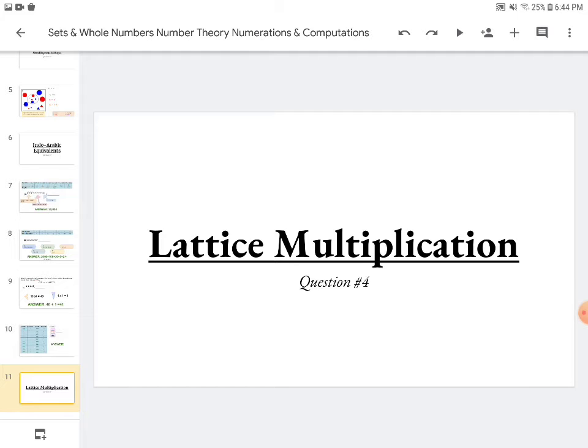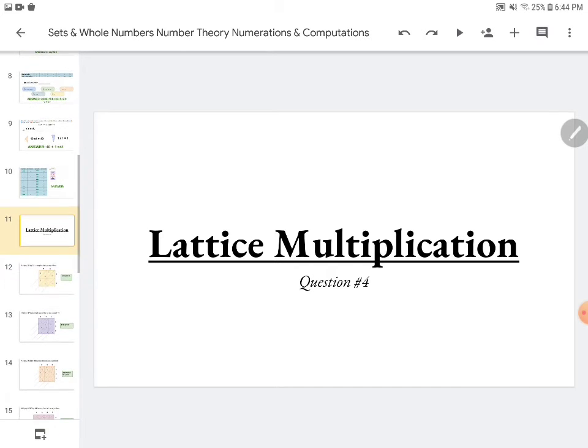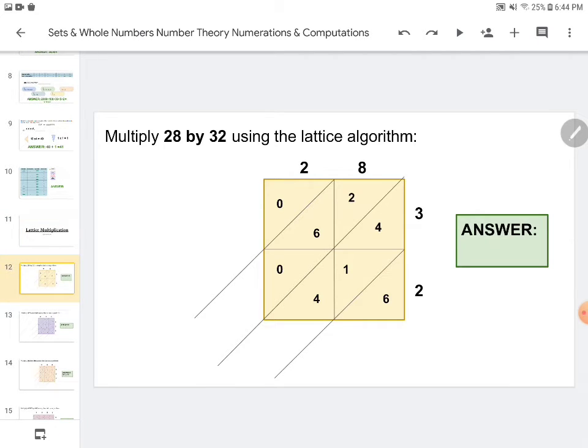So if we take a look at our next problem, we are given: multiply 28 by 35 using the lattice algorithm. Now, you'll notice I went ahead and took the liberty of setting up our box.